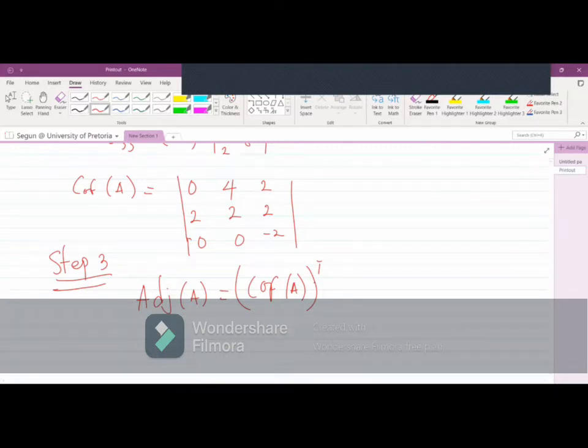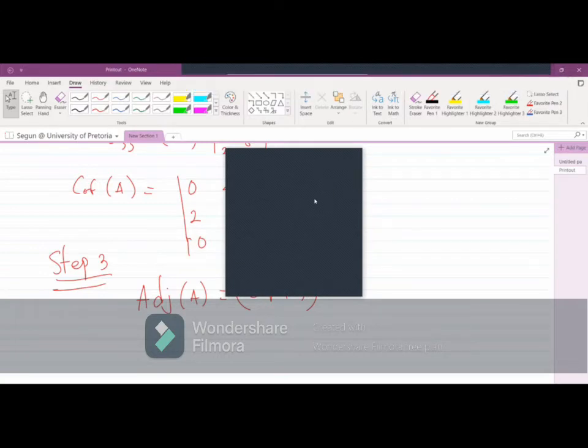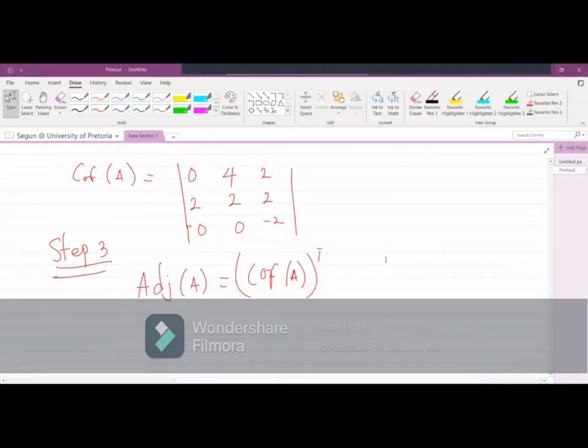Please take notes. Somebody said he did not see the screen very well. Please try and see it. So, it is where row changes to column. So, if row changes to column here, you can see, then my adjoint will be, let me raise it up.